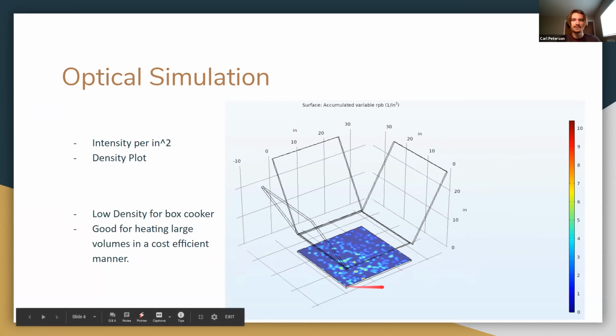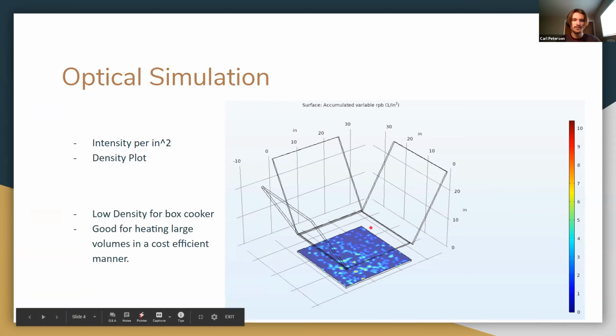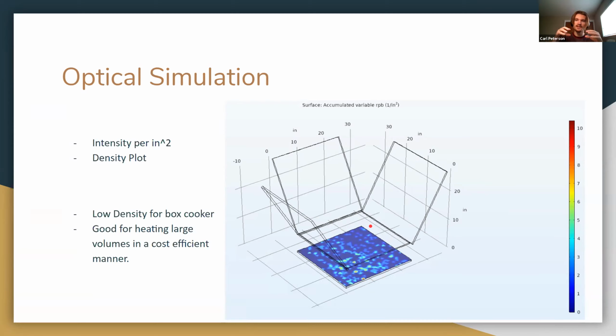This is really good for us because we want a very uniform spread, since we're putting a bucket and tubing in this. We don't want a very concentrated light beam that could potentially melt our plastic or materials. There are a couple of red spots, but even those are not enough to cause any damage to our system.